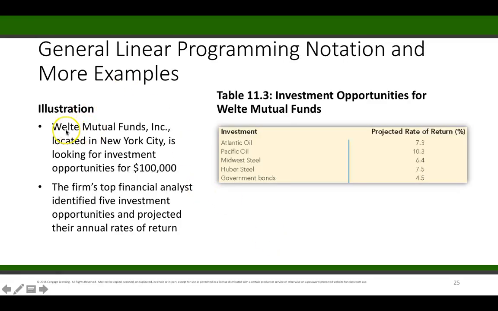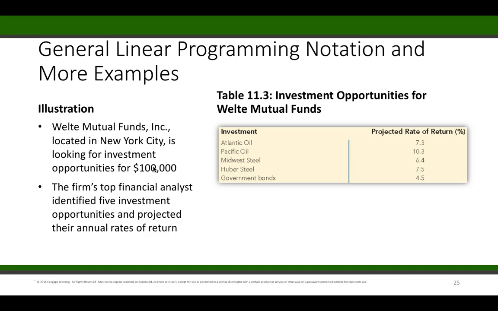So let's say that Wealth Mutual Funds Inc. is located in New York City, and is looking for investment opportunities for $100,000. So this is the amount that they want to invest. Now, in these problems, you have two options. You can go with the amount being invested, and say, okay, I'm going to allocate the $100,000 into the different investments that I have.